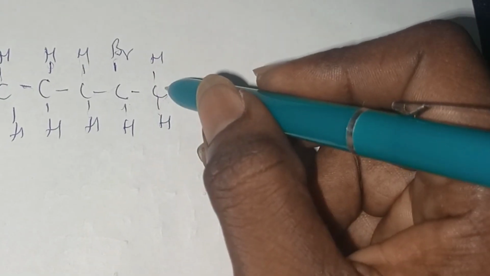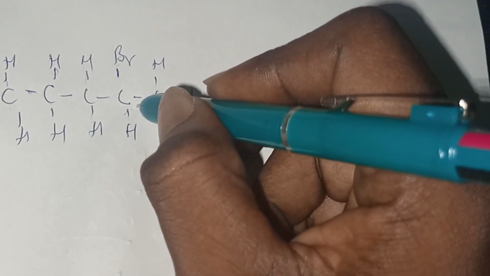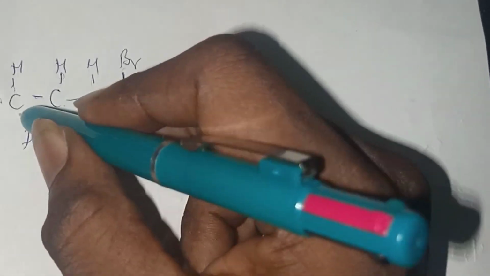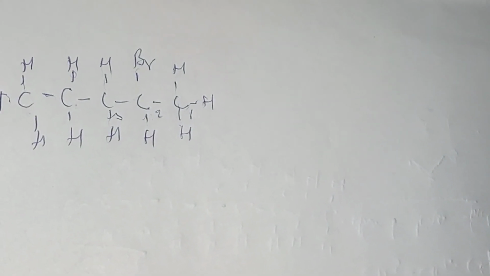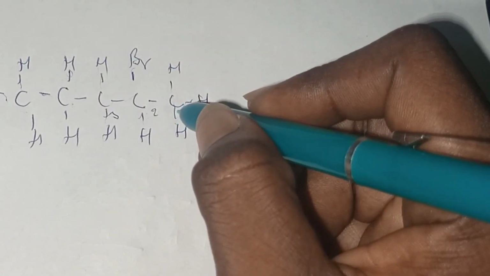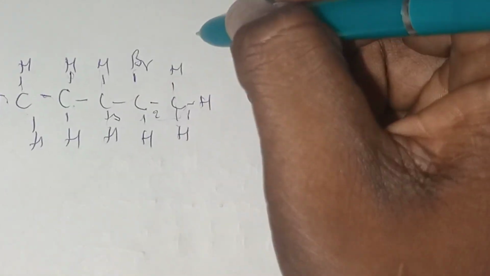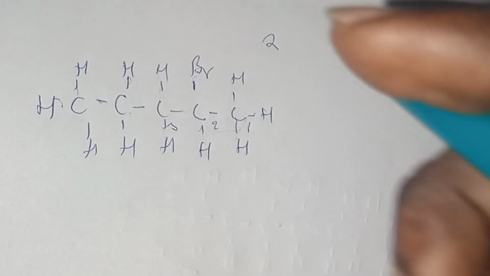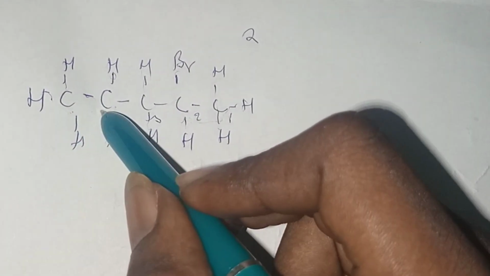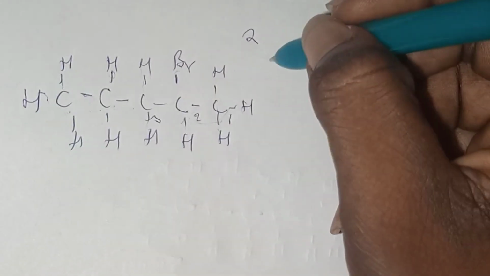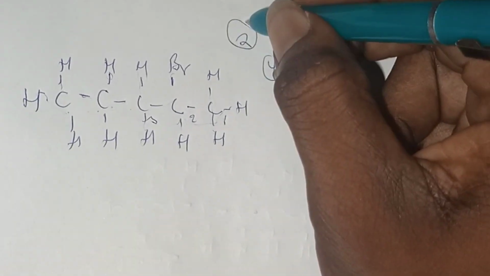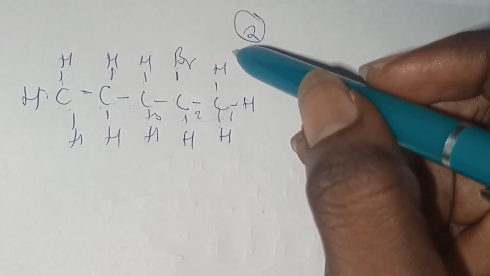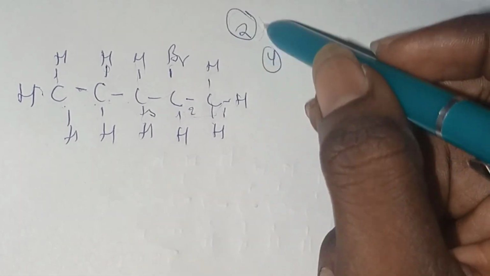So if you count from this side, this is going to be 1, 2, 3, 4, 5. Do you see that? If I literally count from this side, the bromine is on the second carbon. And if I count from this side, 1, 2, 3, 4, the bromine is on the fourth carbon. So we are going to take the smallest position, which is the second carbon.